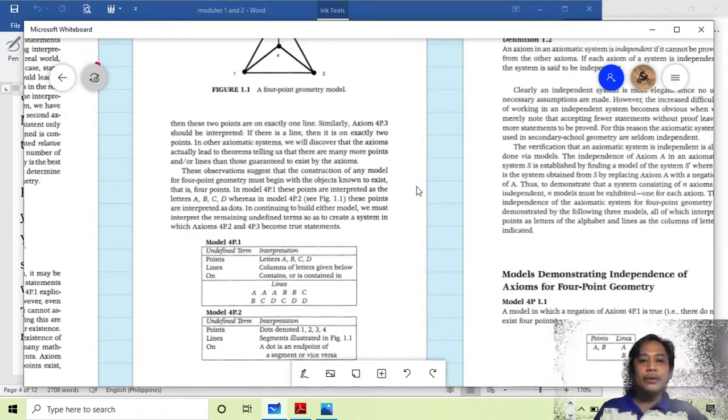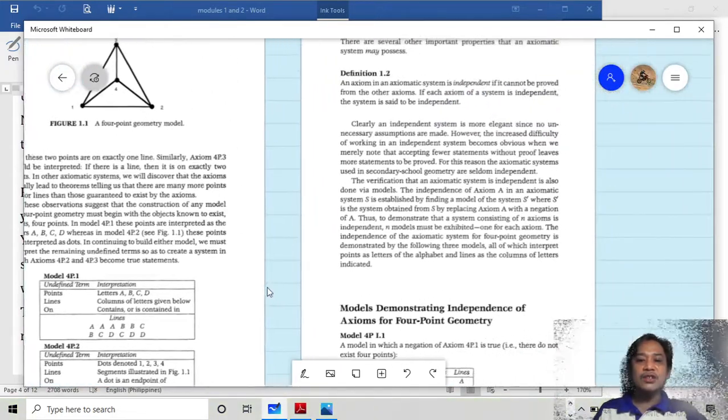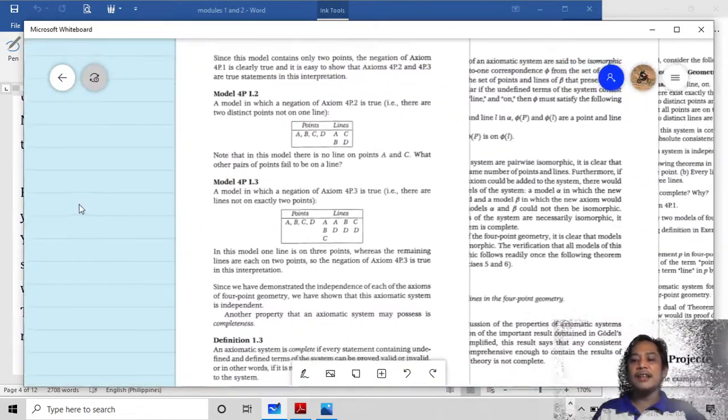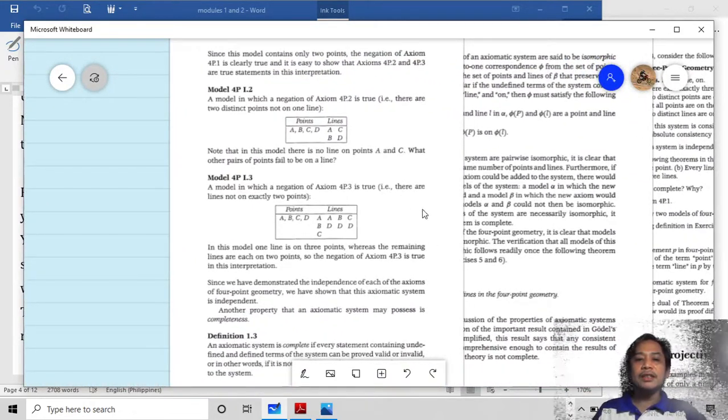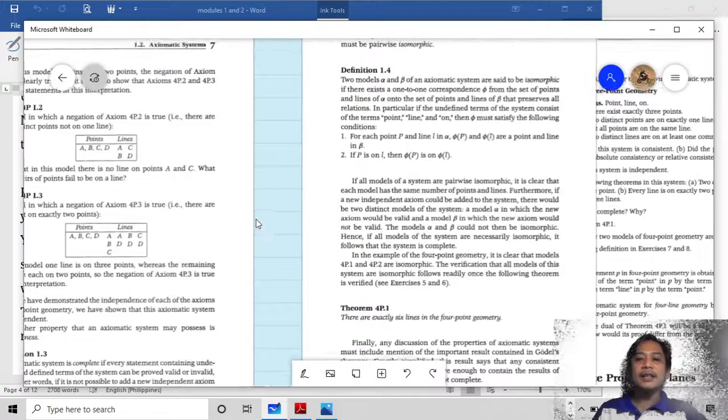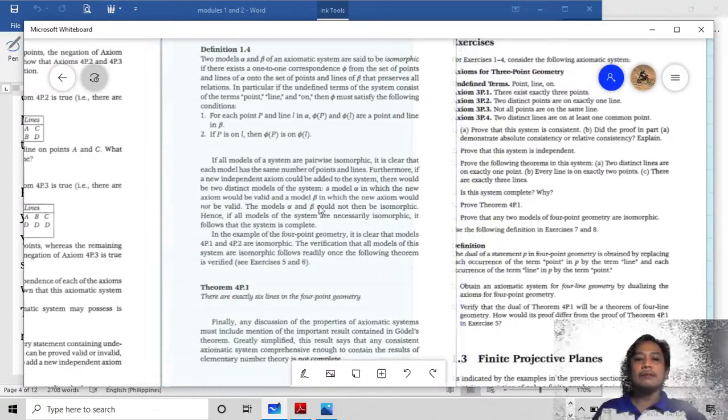And then we see here that the line AB is just the line segment 1, 2. The line AC is the line segment 1, 3. The line AD is the line segment joining 1 and 4, and so on. Meaning, there was just a change of name, a change in nomenclature. Therefore, the two models are basically the same. So, if we assume that those are the only models that represent the 4-point geometry, then we can say that the 4-point geometry is complete.